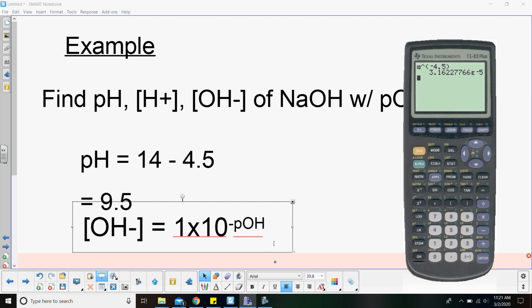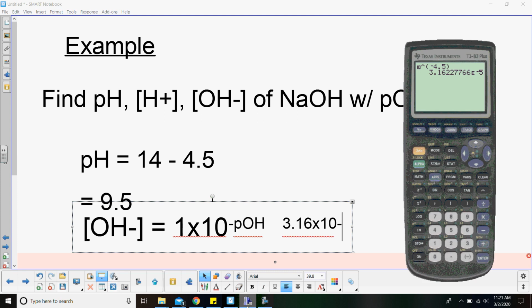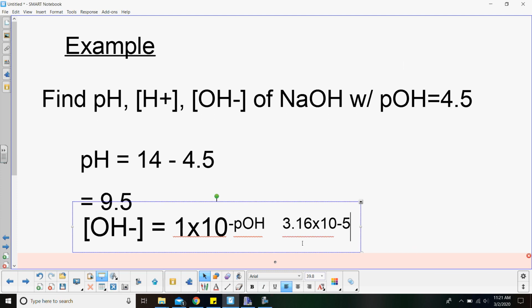Enter. And that's our value. Our value is going to be 3.16 times 10 to the negative 5th. So that's our second number. That corresponds to our OH negative value.